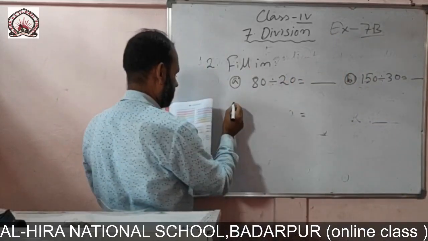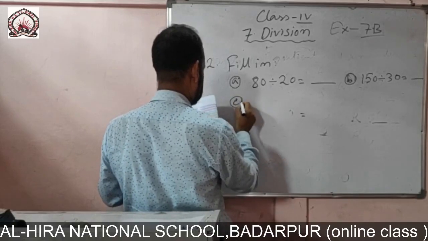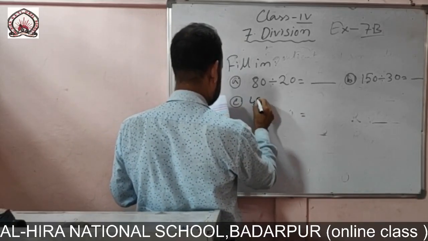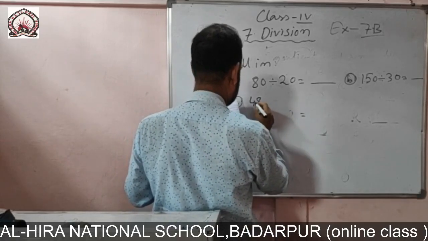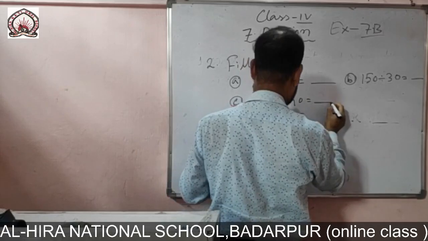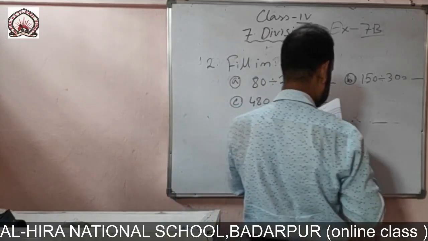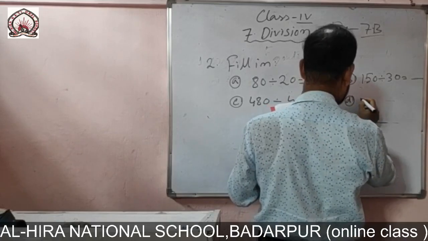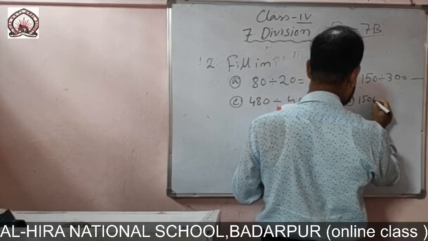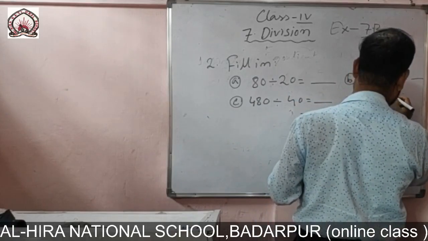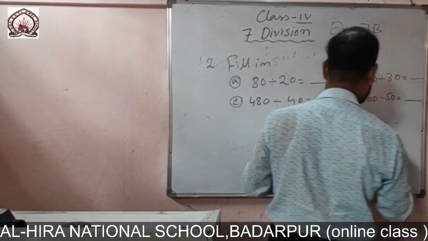Next, C, 480 divide 40 equal to dash. D, 1500 divide 50 equal to dash.